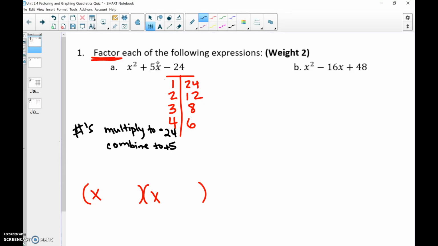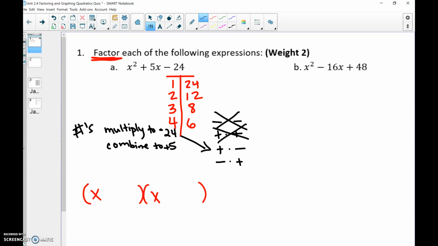And we talked about that at the beginning of the unit, that when I multiply all this stuff back, it multiplies to get this, and then the two middle terms have to combine to get that. Well, everything here multiplies to get 24, so I already got that. If it's going to be negative, though, that can either be a positive times a negative or a negative times a positive. I can't do positive, positive, because that makes a positive when I multiply, and I can't do negative times negative because that also makes a positive. So these are my only options, just keeping that in mind.